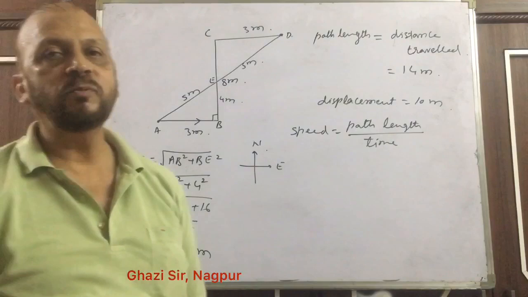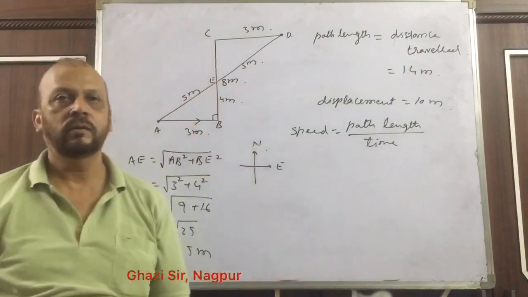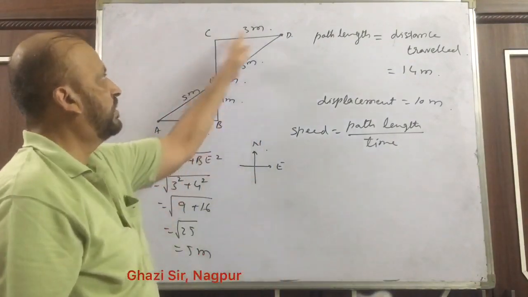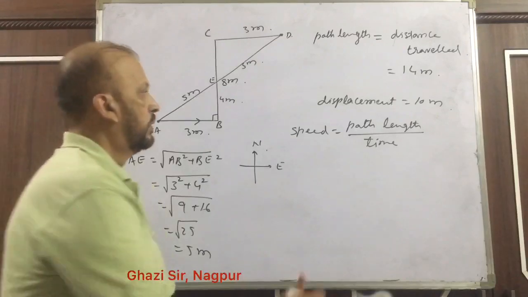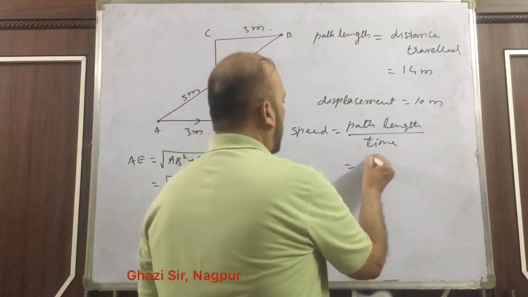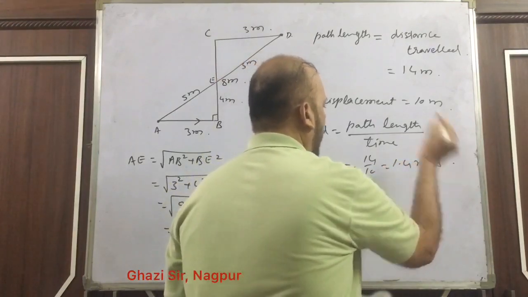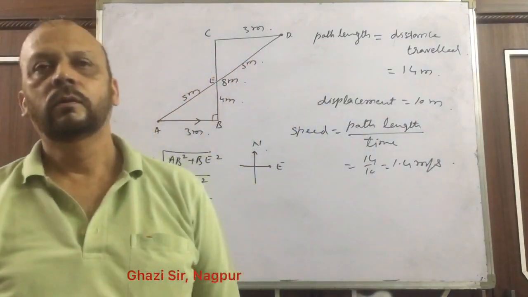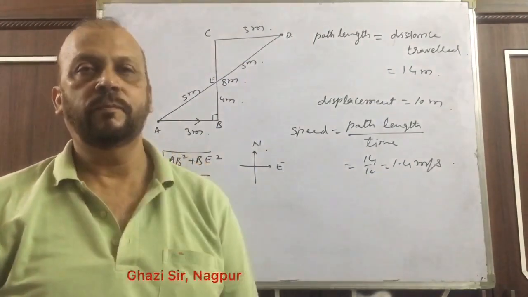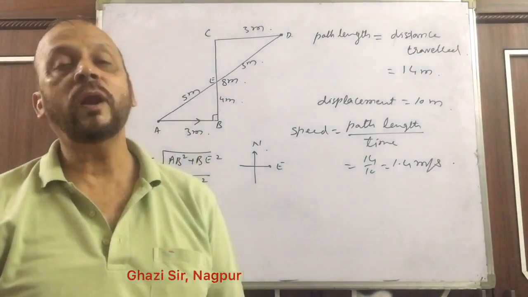And suppose the object takes, say, 10 seconds to travel this distance. So this is equal to 14 upon 10, that is equal to 1.4 meter per second. This is speed.